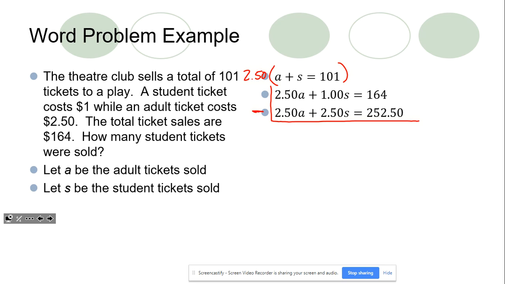And I'm eliminating A. And now I have negative 1.5S equal to 164 minus 252.50.